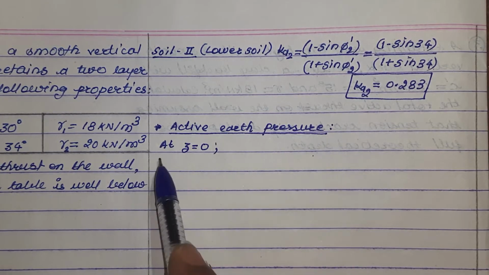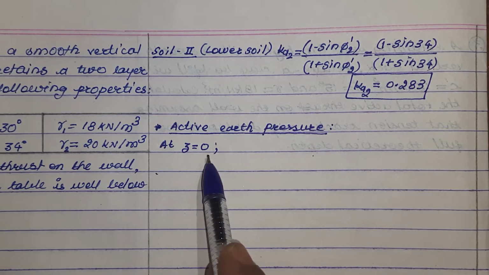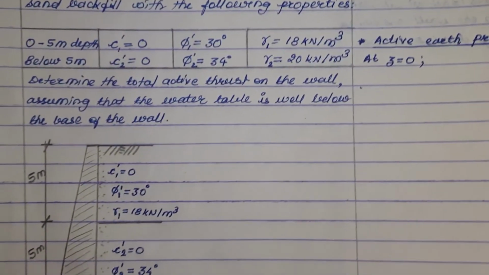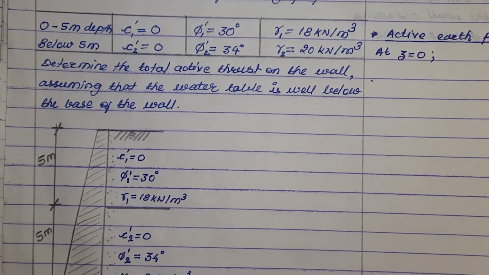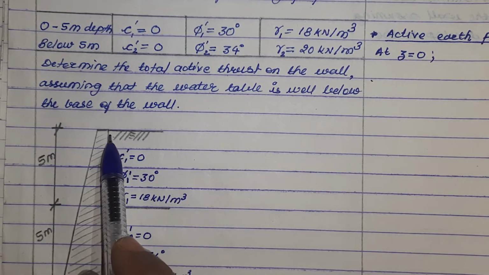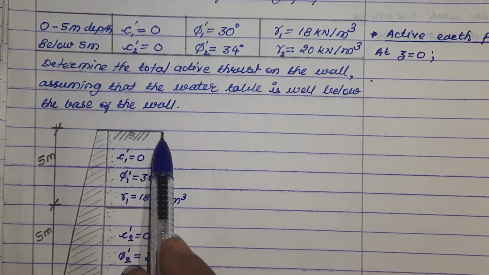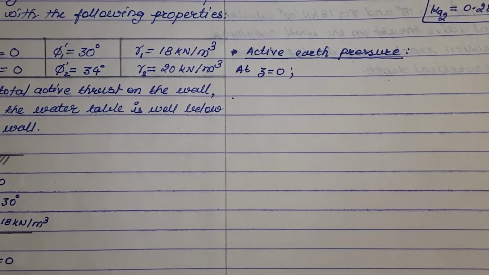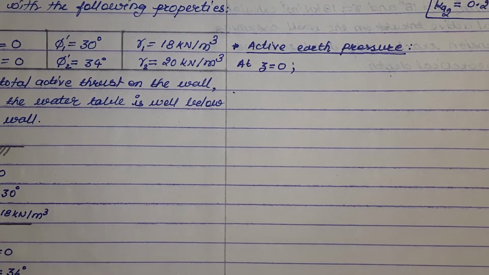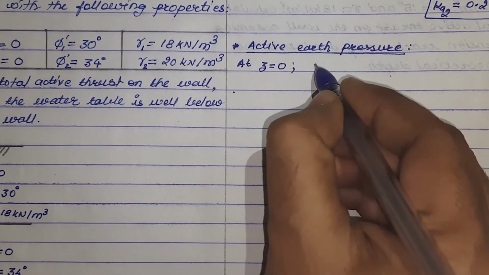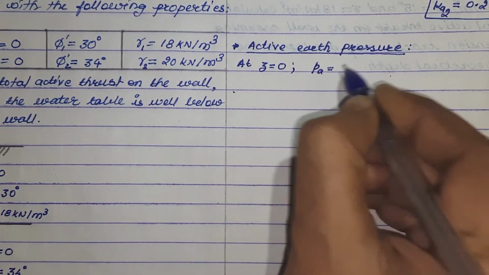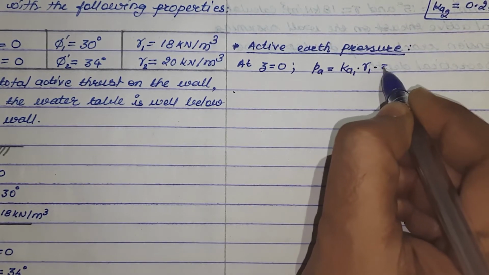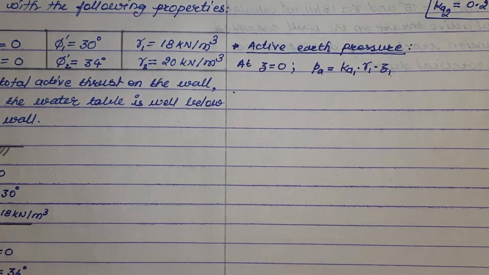Active earth pressure at Z equal to 0. Z equal to 0 means at the ground surface. So we want to find out active earth pressure at Z equal to 0. Here the pressure is going to be 0. Let us see how. The formula for the calculation of active earth pressure is Pa equals Ka1 gamma 1 Z1.